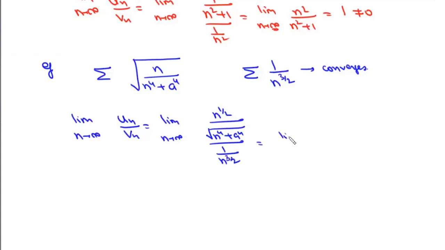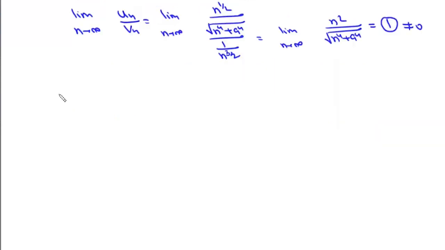So it will be this limit, n tends to infinity, n square upon under root of n to the power 4 plus a to the power 4. Here the highest power of n in the numerator is 2, and in the denominator also it is 2. So the answer to this limit will be the coefficient of n square, which is 1, and it is unequal to 0. And since this second series converges, it means this series under root n upon n to the power 4 plus a to the power 4 will also converge.